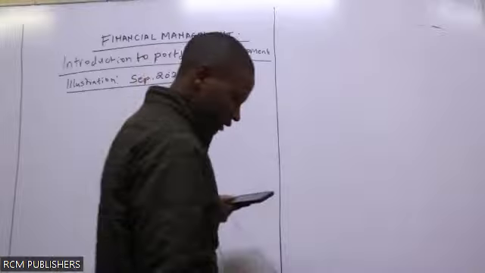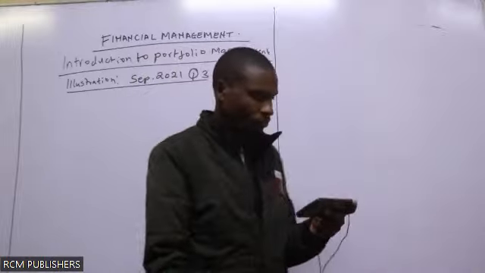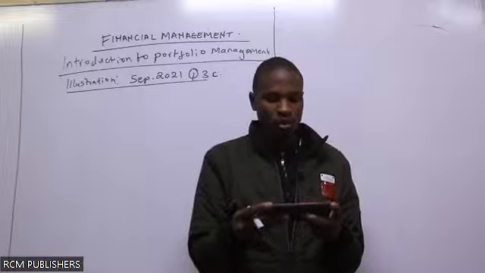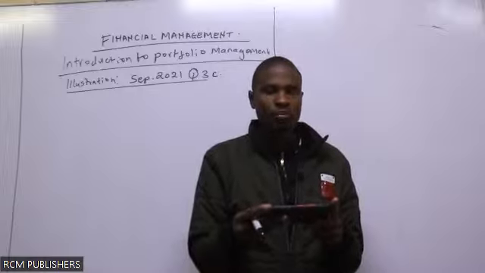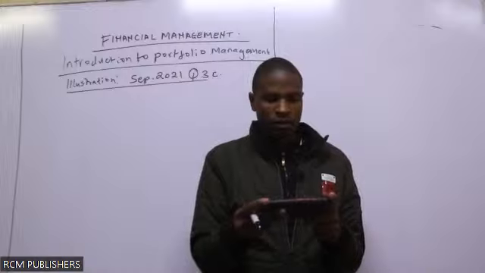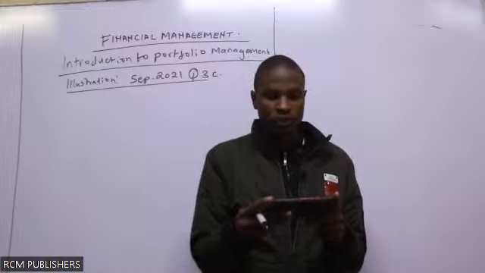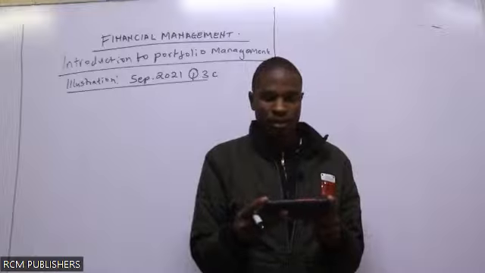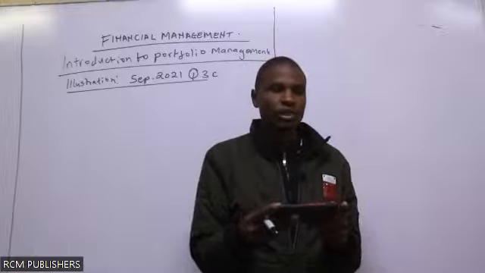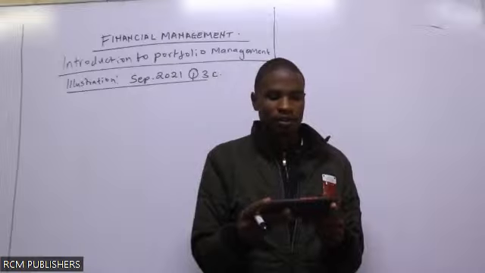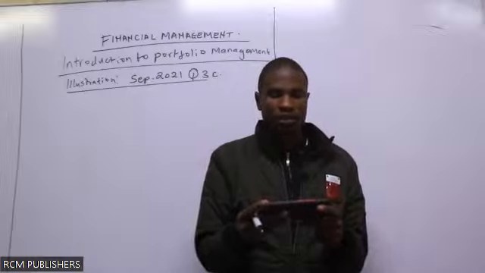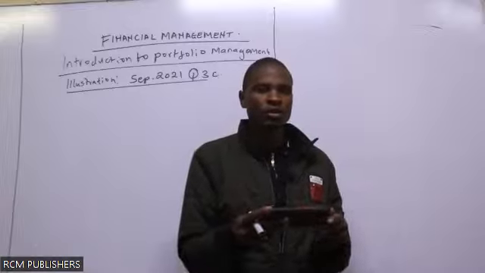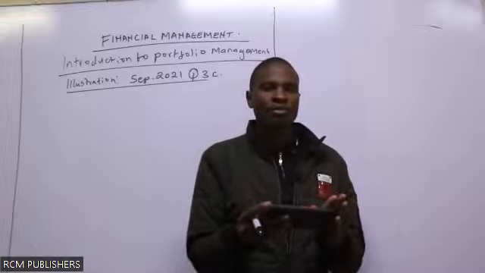So class, allow me to read the question. We are told that Theophilus Akumu has a capital of 1 million shillings, which she intends to invest in 2 securities, namely security A and security B. She plans to invest 200,000 in security A and 800,000 in security B. You can see already she invests the whole amount.